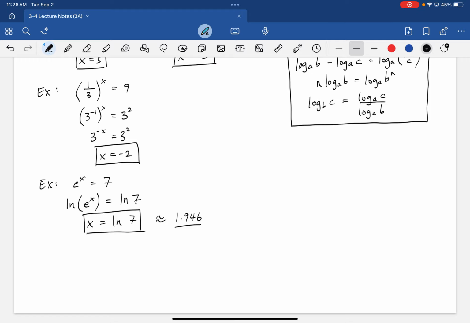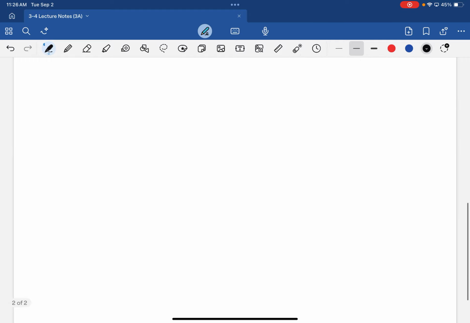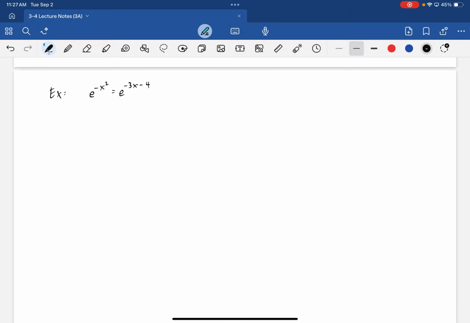Are we all good with this slide? All right, next one looks hard, but is pretty easy. Let's say we have e to the negative x squared equals e to the negative 3x minus 4. How would we solve for x?